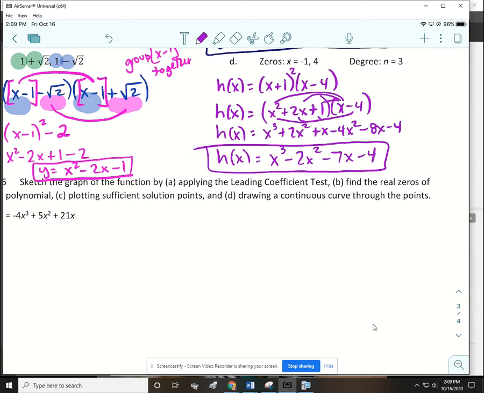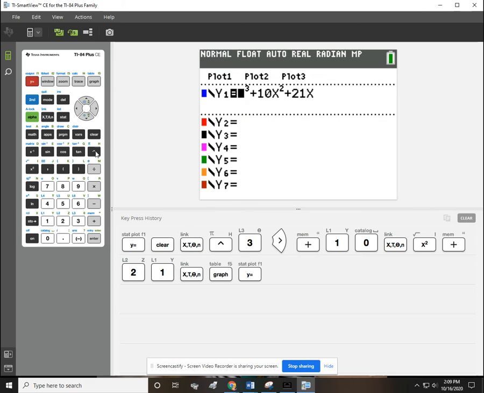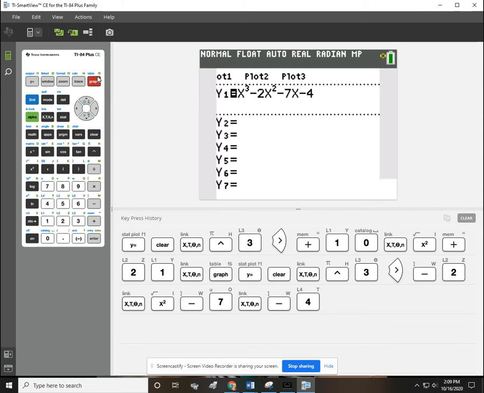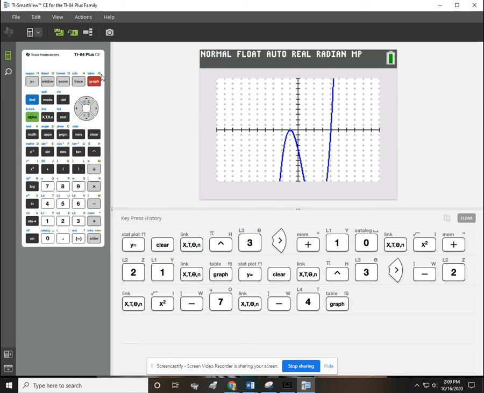All right, so let's just look at this graph for a second. So right here, I have a 0 of -1, and here I have my 0 of 4.